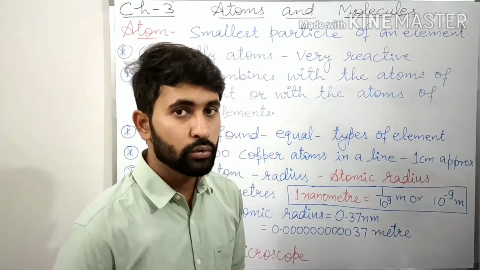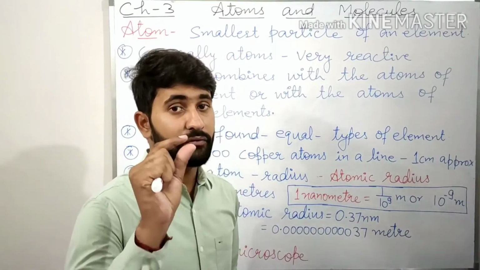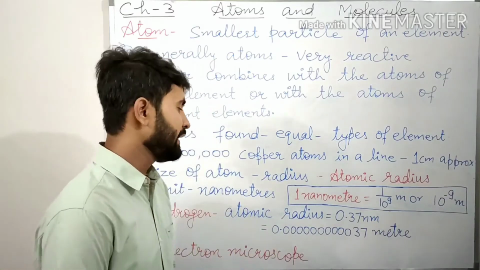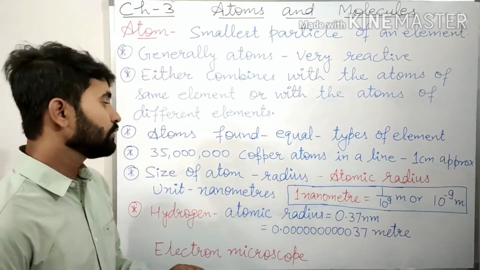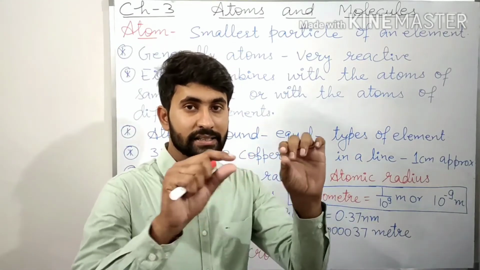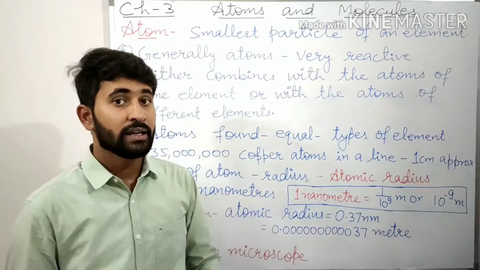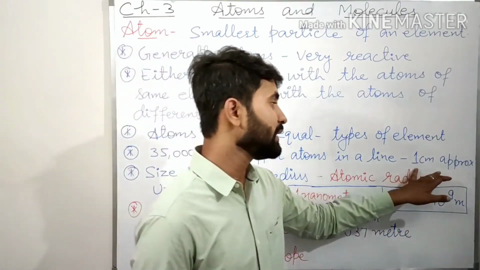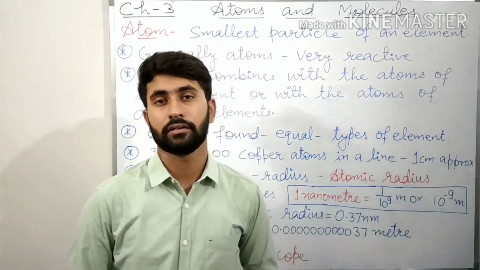We already know that atoms are very small in size. If we arrange 3 crore 50 lakh copper atoms in a single straight line, they will cover a distance of approximately 1 centimeter.